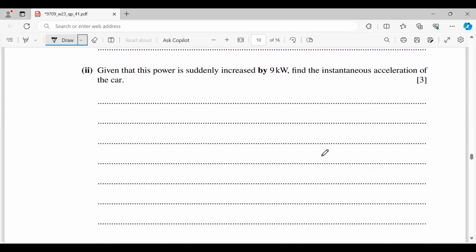Given that this power is suddenly increased by 9 kilowatts, find the instantaneous acceleration of the car. So we're going to find the instantaneous acceleration.